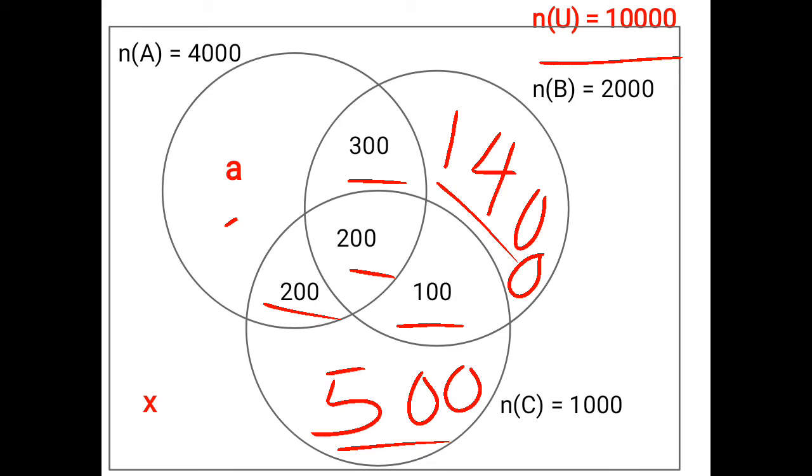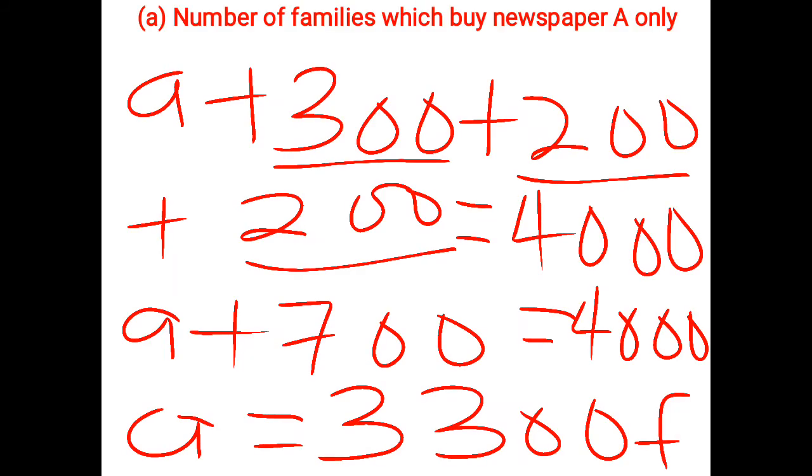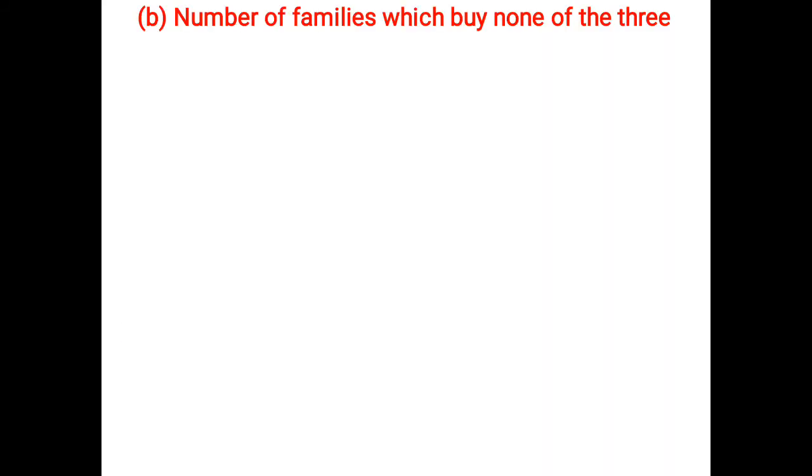All right, so this is going to be a lot on our screen, but we will still do it. Okay, yes, good. I left two spaces for it. That is nice. So the number of families which buy none of the three newspapers.